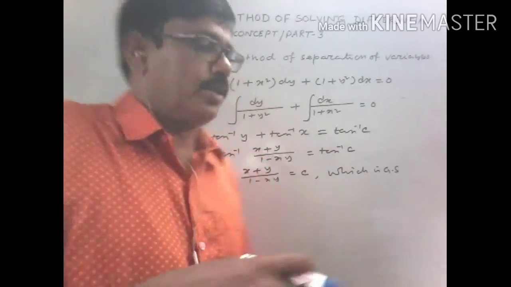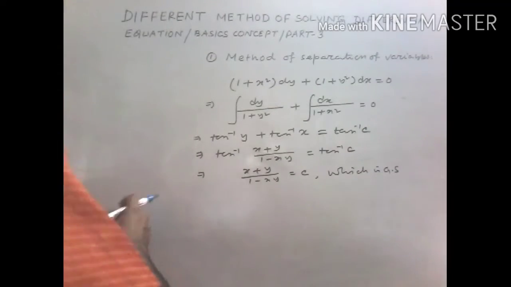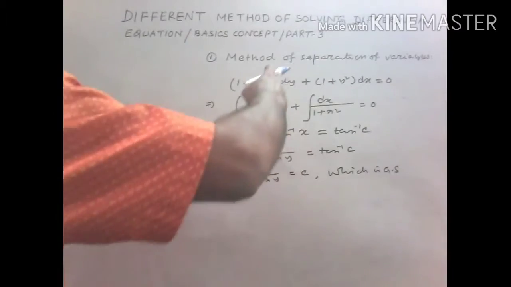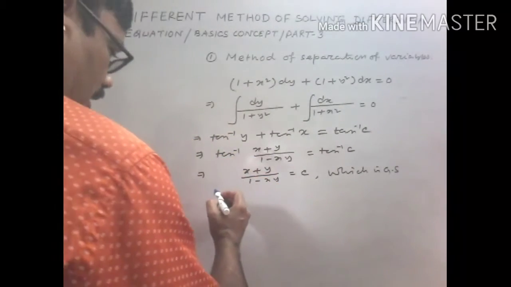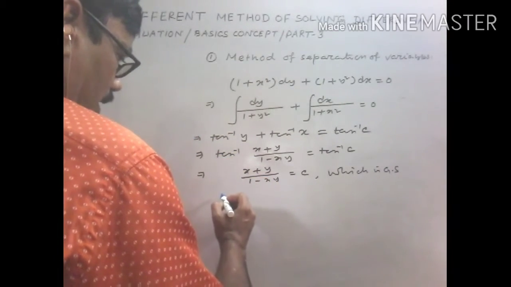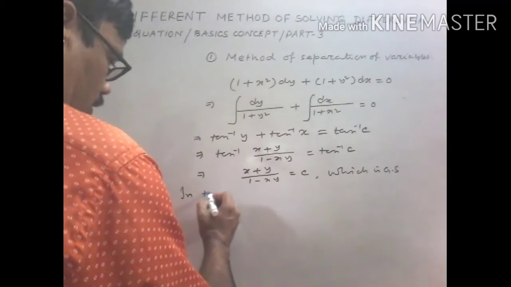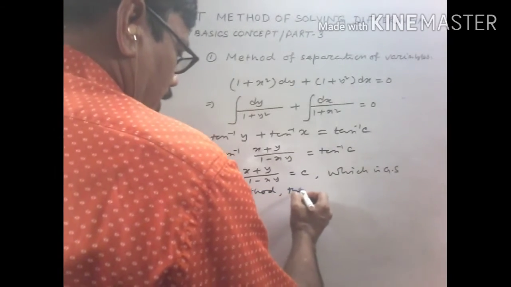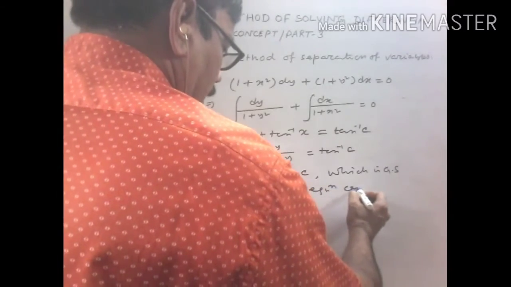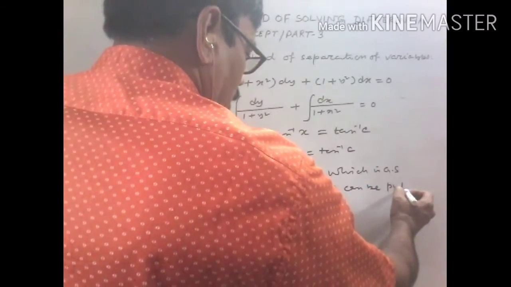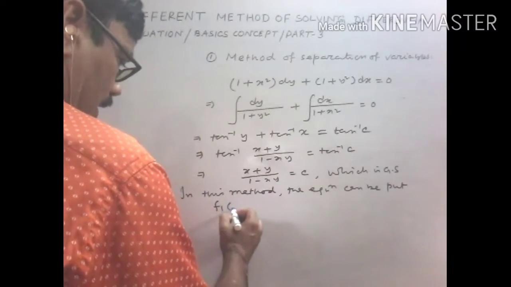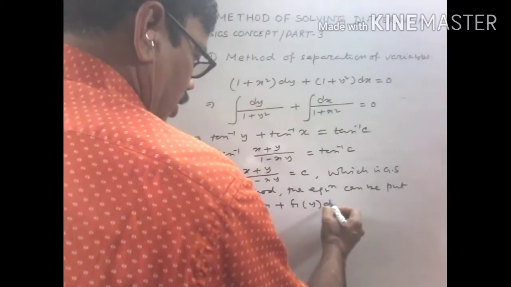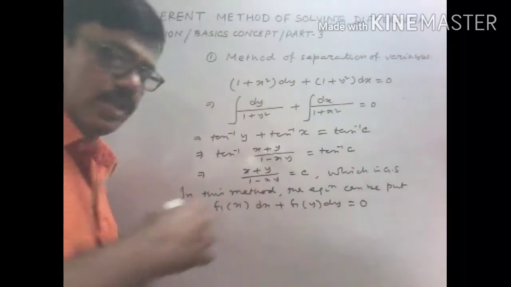So what is the method? In this method, the given differential equation can be put in the form f1(x) dx plus f2(y) dy equals 0.